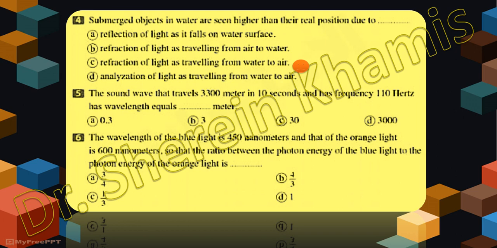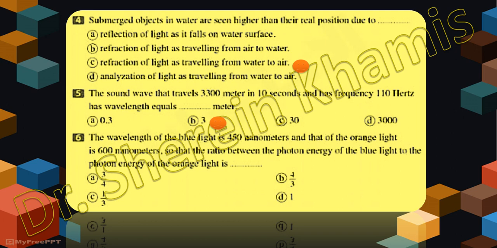We have distance and time, and we have the frequency, so we will find the speed of sound by taking distance over time, which gives the velocity of sound in air. Then we divide the velocity by the frequency to get the wavelength, and 3 meters will be the wavelength of the wave.